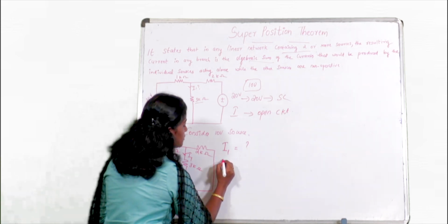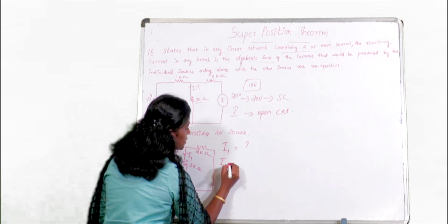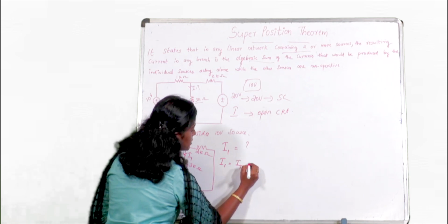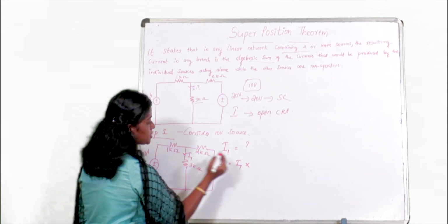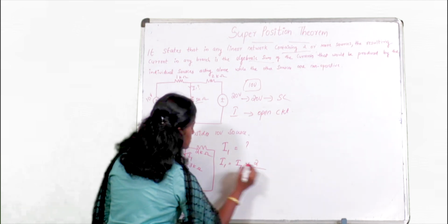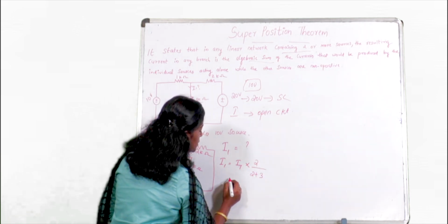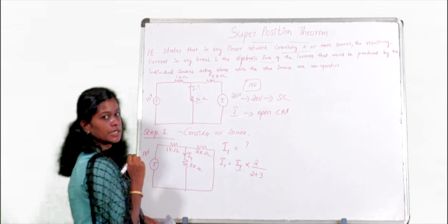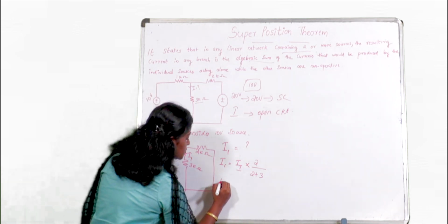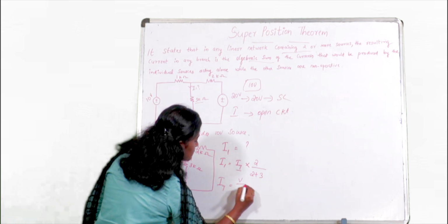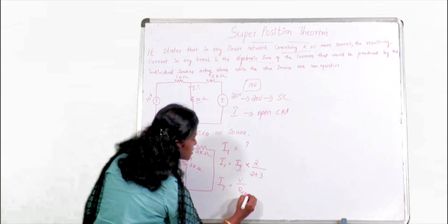To apply the current division rule, we write the total current times the opposite resistor divided by the sum of the resistors, that means 2 plus 3. So we need to know the total current, and for that we need the effective resistance.